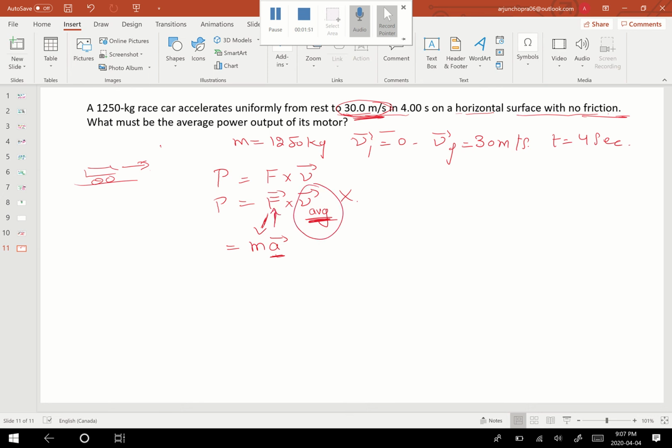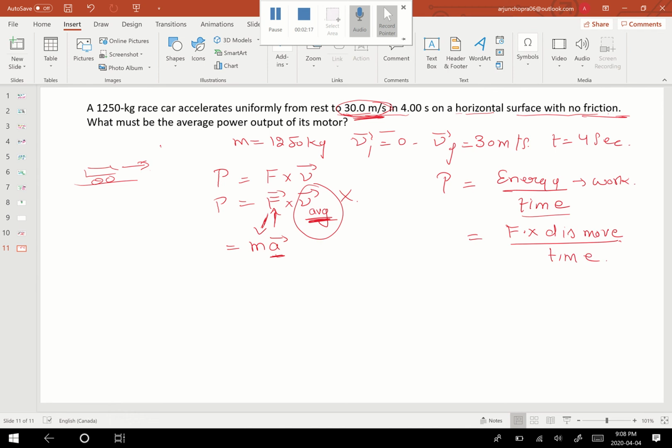That's the main idea. Having said that, I can look into the first formula which we looked at for power, which is energy per unit time. The energy is also equal to force times the total distance moved, which is work, and then that is divided by time.